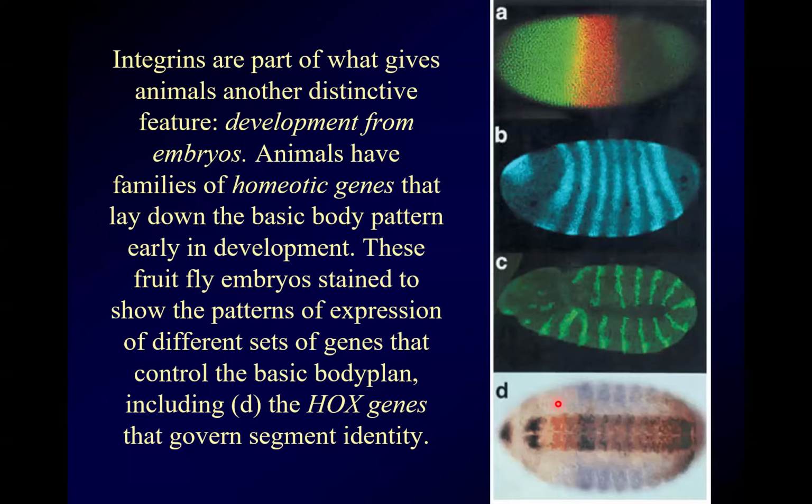So animals have these families of homeotic genes, where families at one level promote and repress families at another level, and collectively they lay down the basic body pattern very early in development. You have all of these genes. Roundworms have all these sets of genes, even though their bodies don't have any segments. It's a universal toolkit for building bodies in the kingdom Animalia.